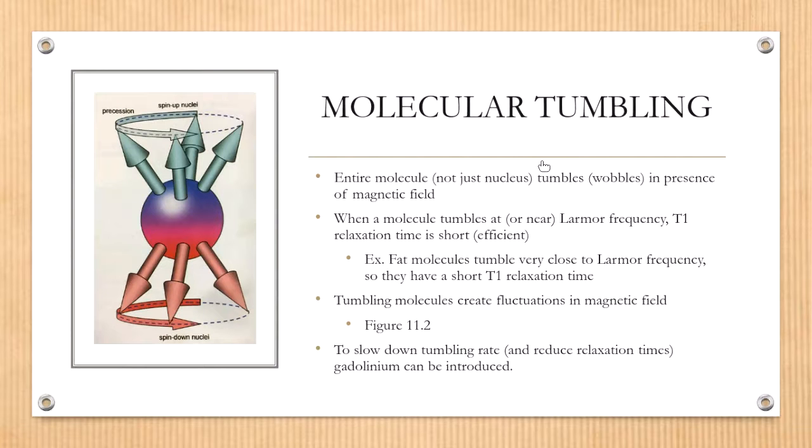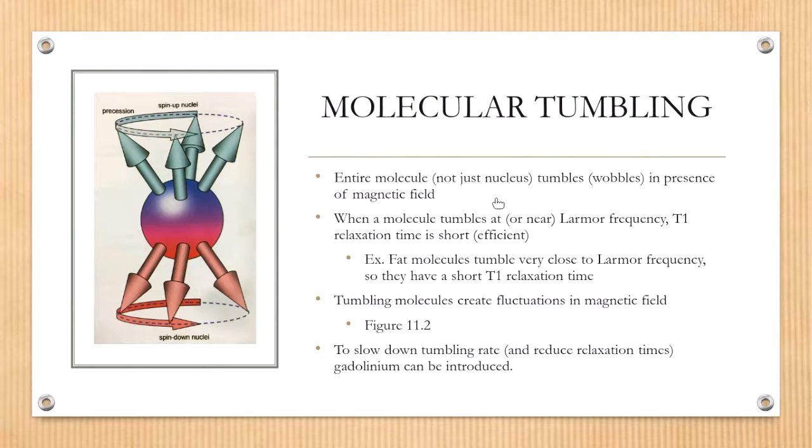As a molecule is spinning, it's also wobbling on its axis, so to speak. Every molecule will wobble or tumble in the presence of a magnetic field if it is a spinning molecule. Not the nucleus, but the entire molecule is wobbling and tumbling. That's definitely a very important point to remember, that we are influencing the entire molecule with our magnetic fields.